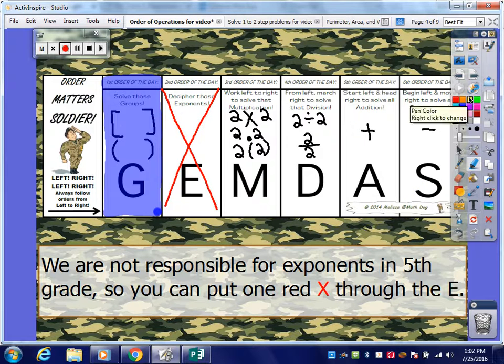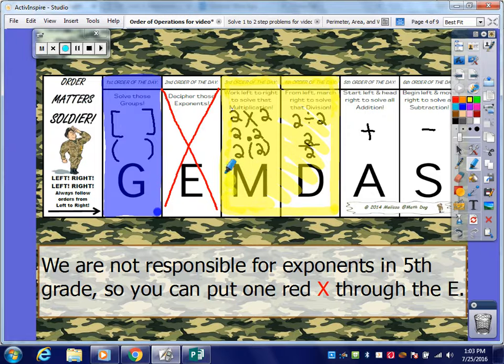After groups, you have to pay attention to multiplication and division. Multiplication and division are interchangeable. Does anyone know what interchangeable might mean? In your mind, think about it. If I'm saying they're interchangeable, have you ever heard that word before? Joshua? Good. It does mean that they can go in either order.